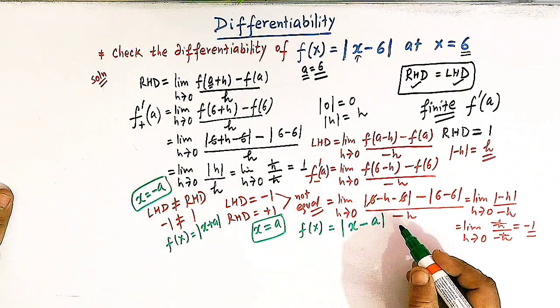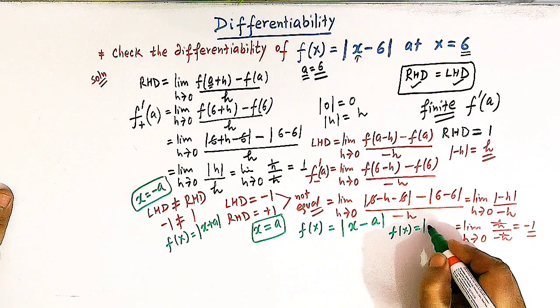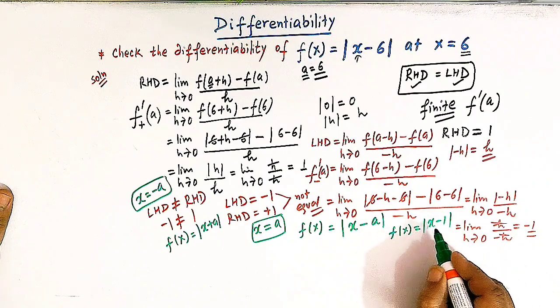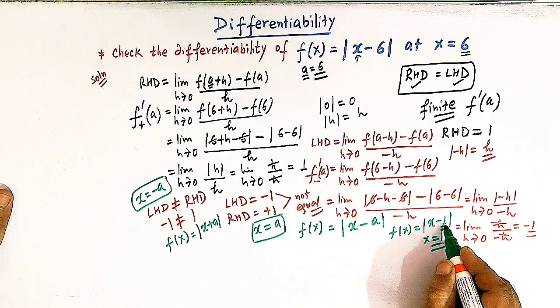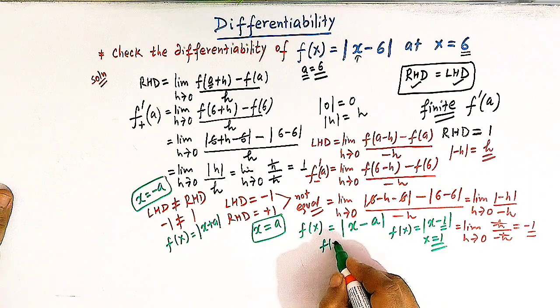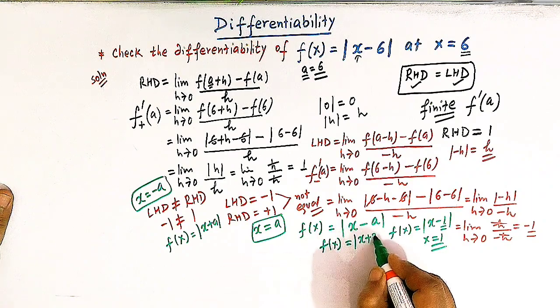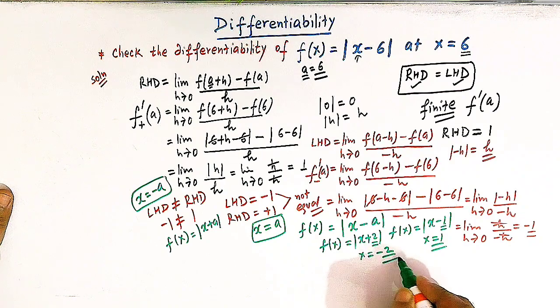So we can claim that the function f of x equal to mod of x minus 1 is not differentiable at x equal to 1. Similarly, if we have a function f of x that is mod of x plus 2, then this function is not differentiable at x equal to minus 2, right?